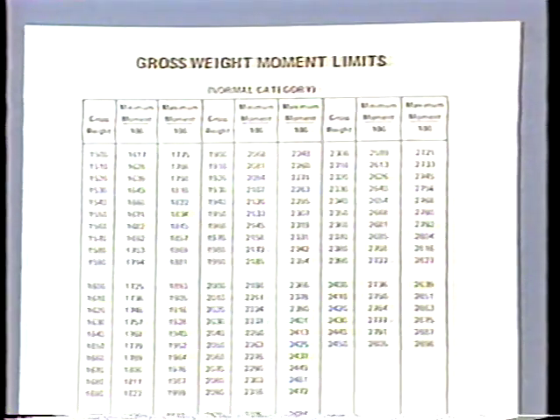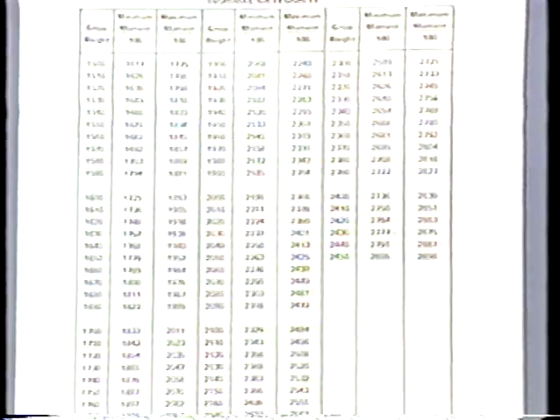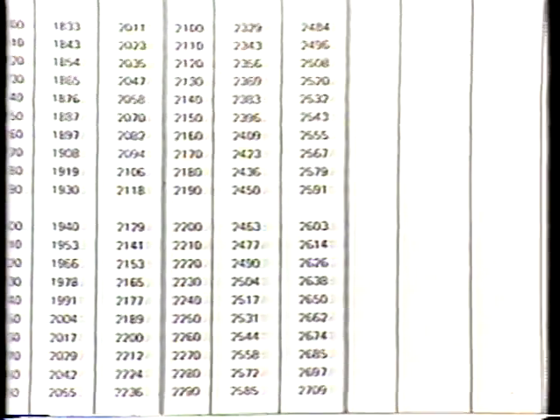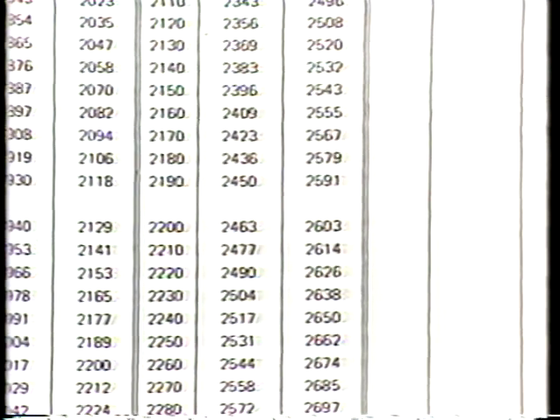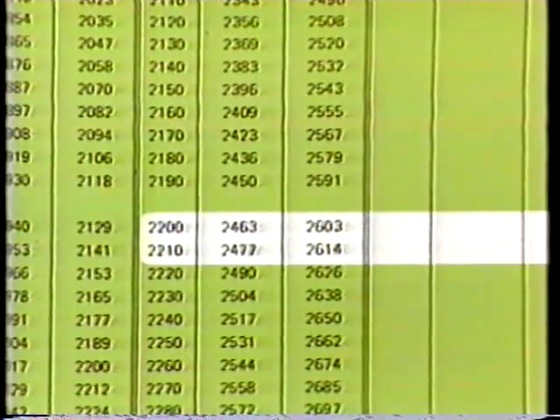Last step is to determine whether the zero fuel, takeoff, and landing conditions are within the limits shown in the weight and moment table or graph. The table gives weight in 10-pound increments, with the maximum and minimum moment limits for each weight. The zero fuel weight of 2,205 is halfway between 2,200 and 2,210.